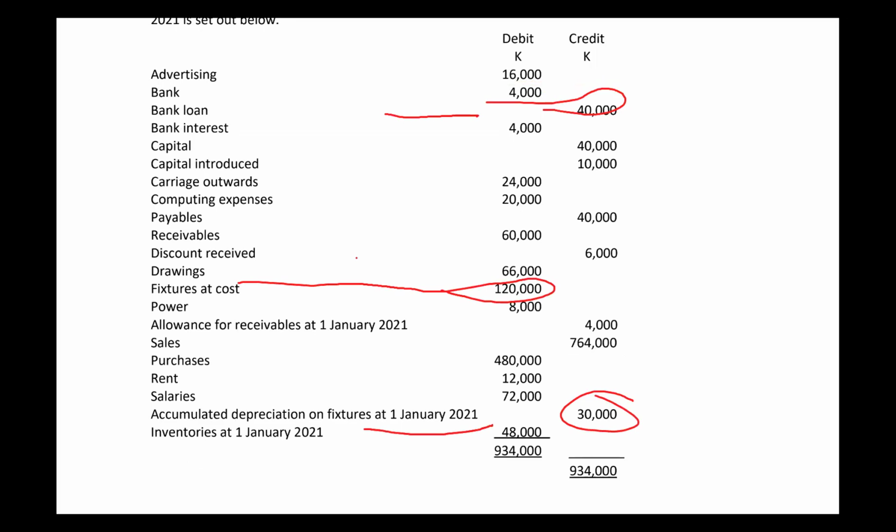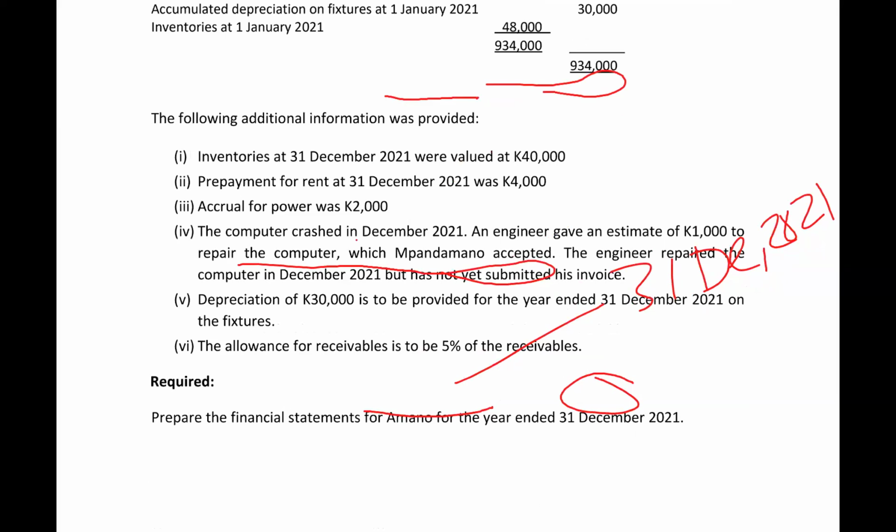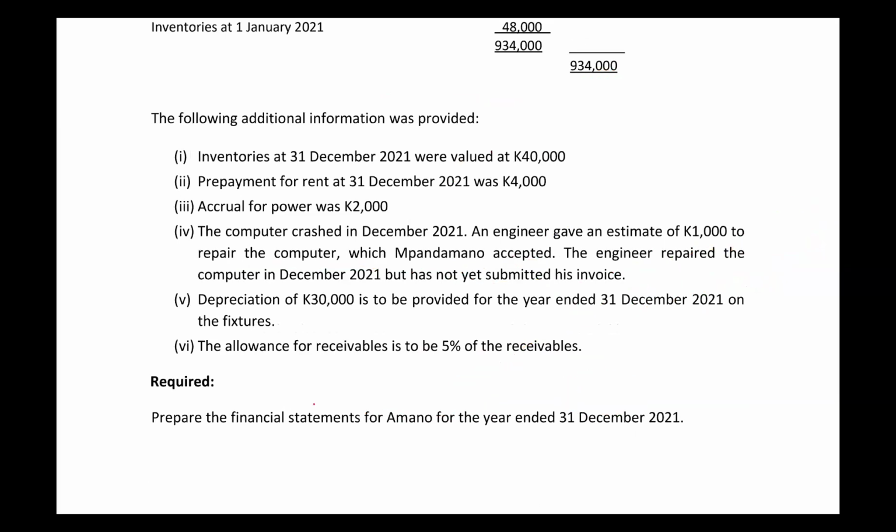Are you following? Yes. Now, from 1 January up to 31st December 2021, they also lost some other value. There is some other depreciation, which is the depreciation in the year of concern, the year that we are talking about, 2021, from January up to December. That is the depreciation that you're going to calculate. Usually the information is found under additional information. Here, we are not calculating.